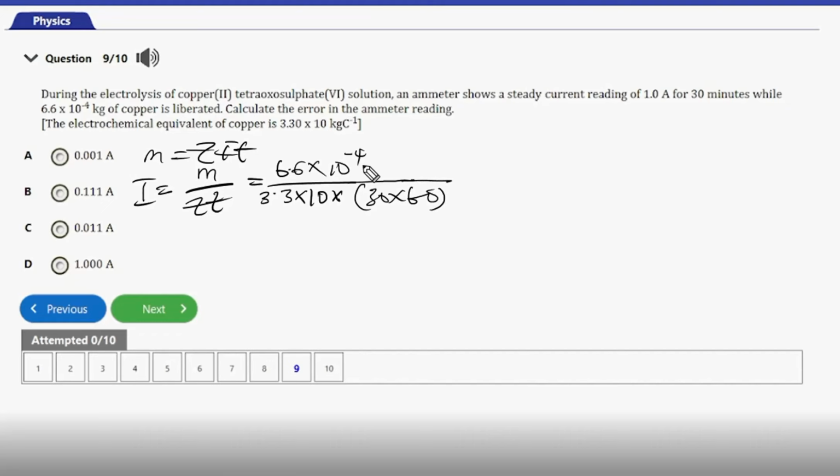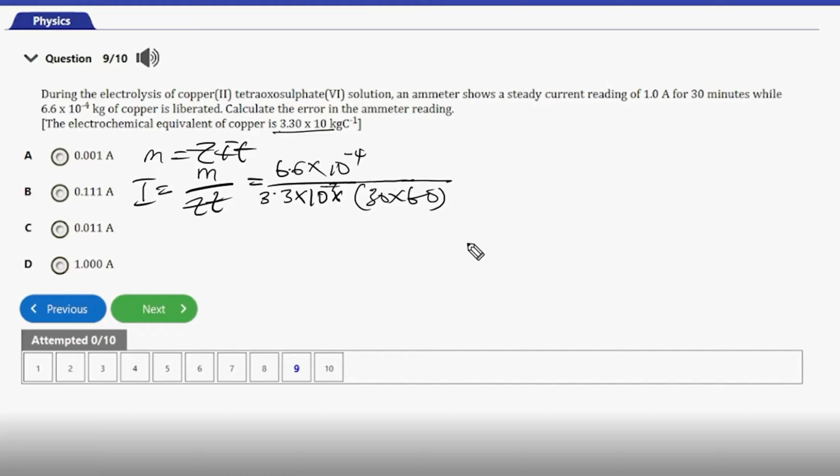But here guys, let's just take note that there is an error here in this question. The electrochemical equivalence of this copper is meant to be 3.3 times 10 to the power of a negative 7, and not just times 10. So let's add this up here, times 10 to the power of a negative 7 here.